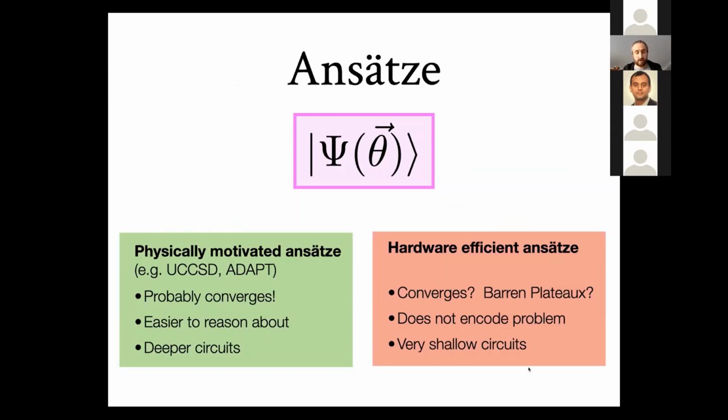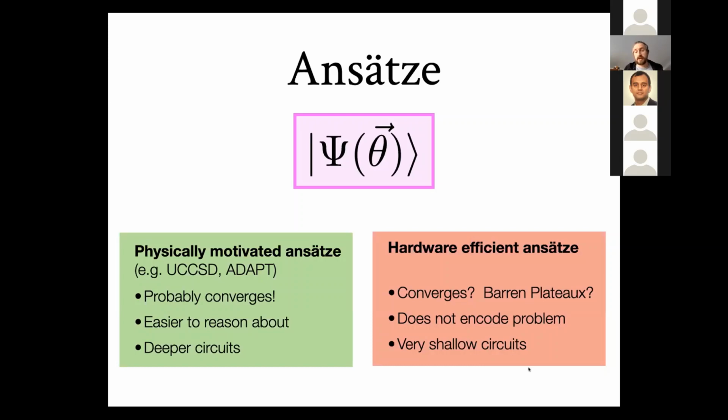One, which is what we call physically motivated, for example, unitary coupled cluster. And these are very nice in the sense they will probably converge. They are basically informed by the physics of the system that they're simulating. But the bad news about them is they tend to be very deep, which means for NISQ machines, if we accumulate too much noise, then we have no chance to actually get a useful answer at the end.